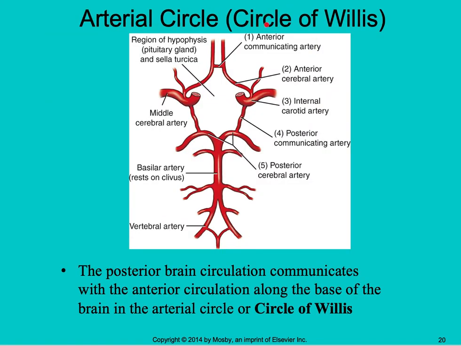The arterial circle of Willis, you will need to know these. So know that you have your right and left vertebral arteries that form the basilar artery, and it rests on the clivus. From the basilar artery, you create the posterior cerebral arteries, right and left.